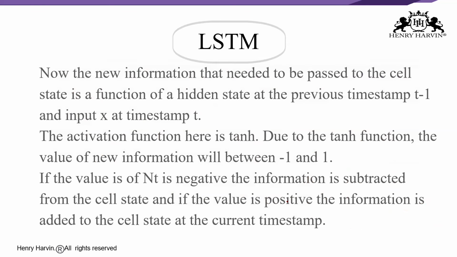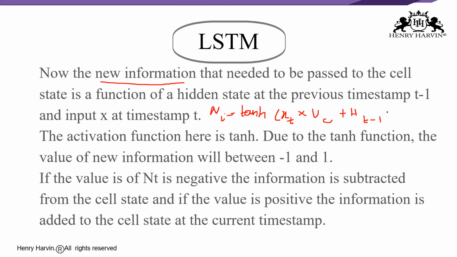Now the next one is about the new information. Here, nt = tanh(xt * uc + ht-1 * wc).